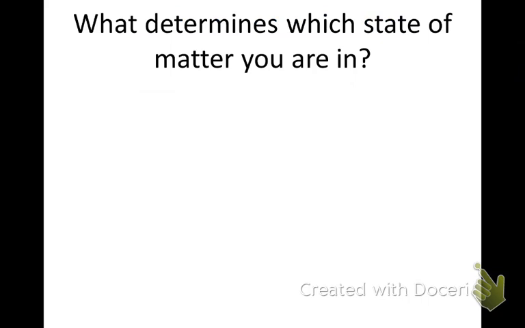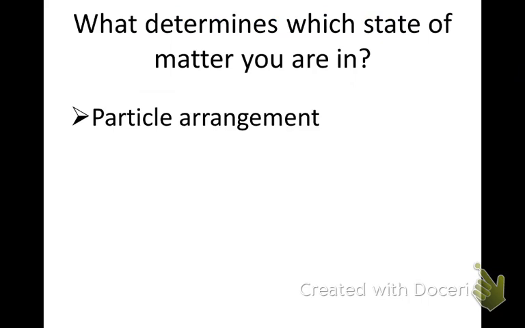So what are the factors which determine which state of matter you are in? Let's just show quickly, there's really three things that determine what state of matter you'll be in. The first will be particle arrangement. Gas, solid, liquid. You saw with the Bose-Einstein condensate, they have sort of a weird arrangement that's hard to understand.